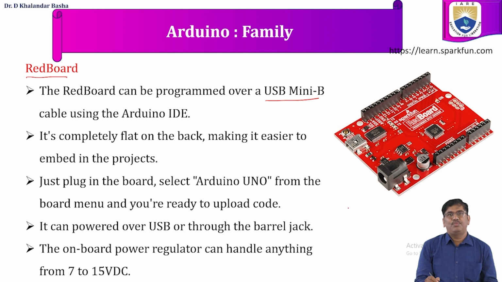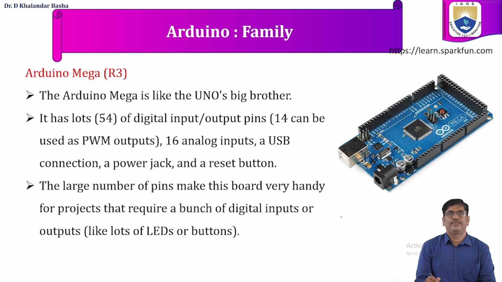Just plug in the board, select Arduino Uno from the board menu, and you are ready to upload the code. It can be powered over USB or through the barrel jack. The onboard power regulator can handle any voltage between 7 volts and 15 volts DC.